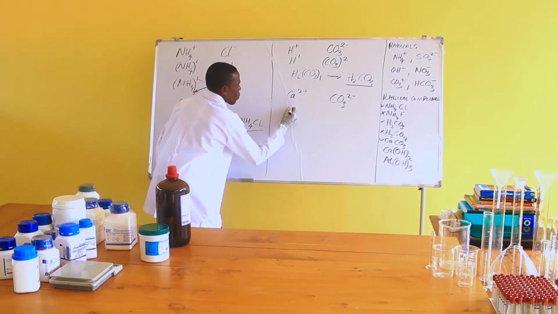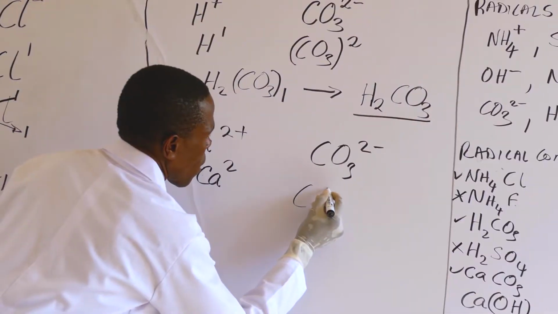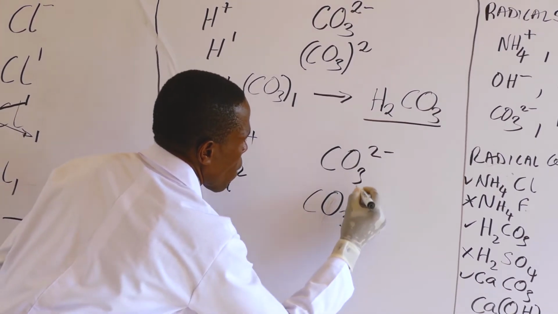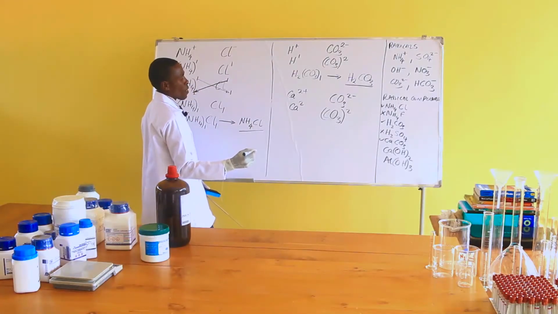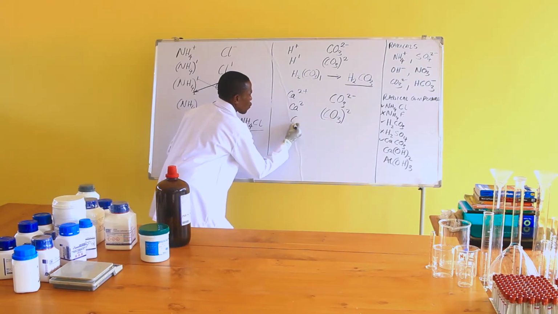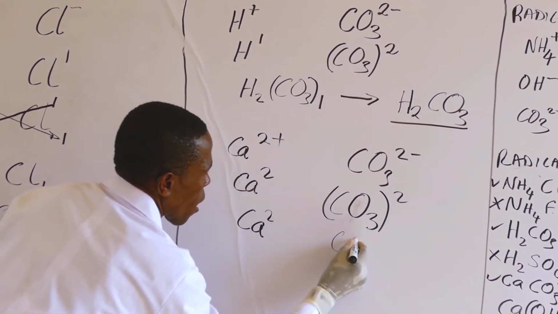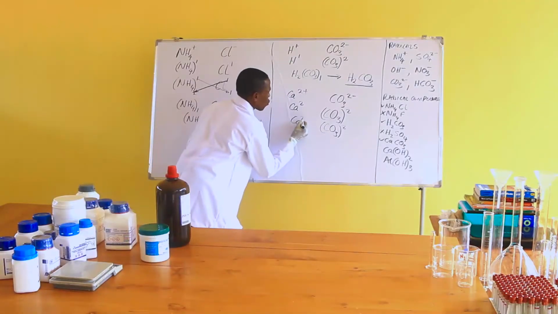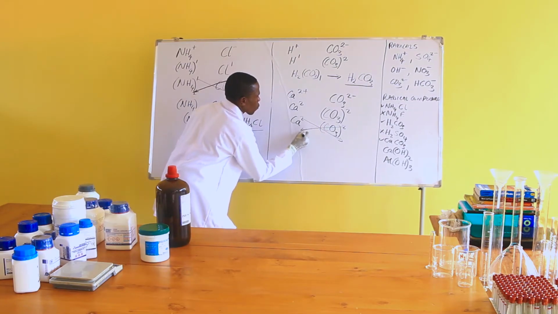Then we write the valences: calcium with a valence of 2, and carbonate with a valence of 2. Then we exchange the valences. 2 from calcium moves to carbonate, and 2 from carbonate moves to calcium.